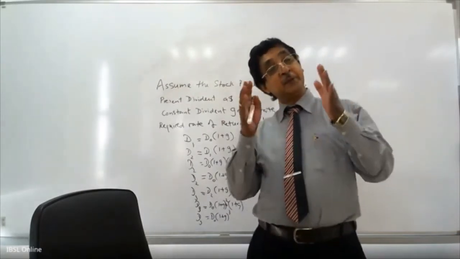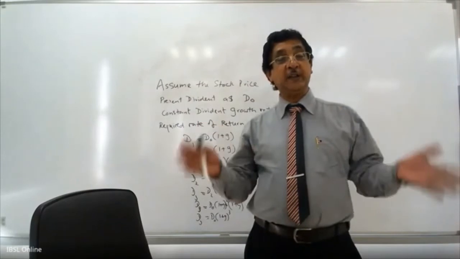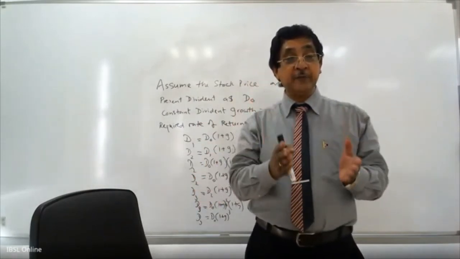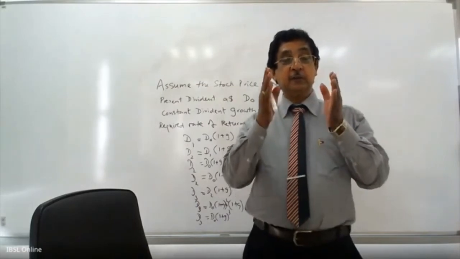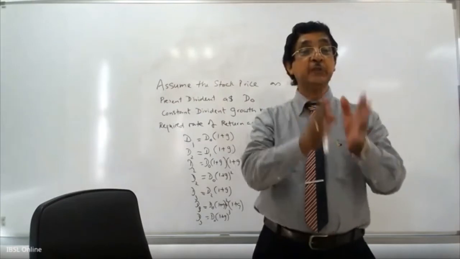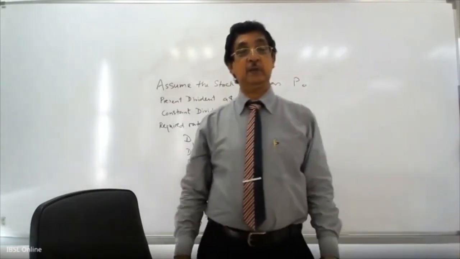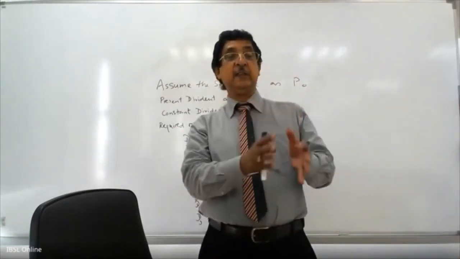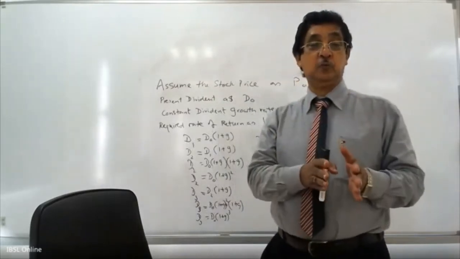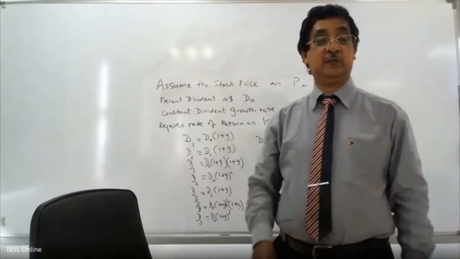Now, what is the price of the stock? If you look at it, it is the total of the present value of the future cash flows. That is equal to the present price of the stock.